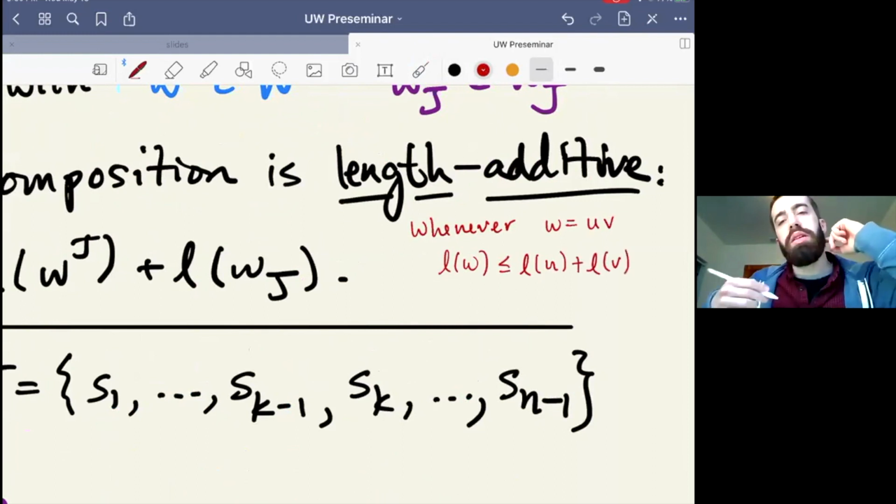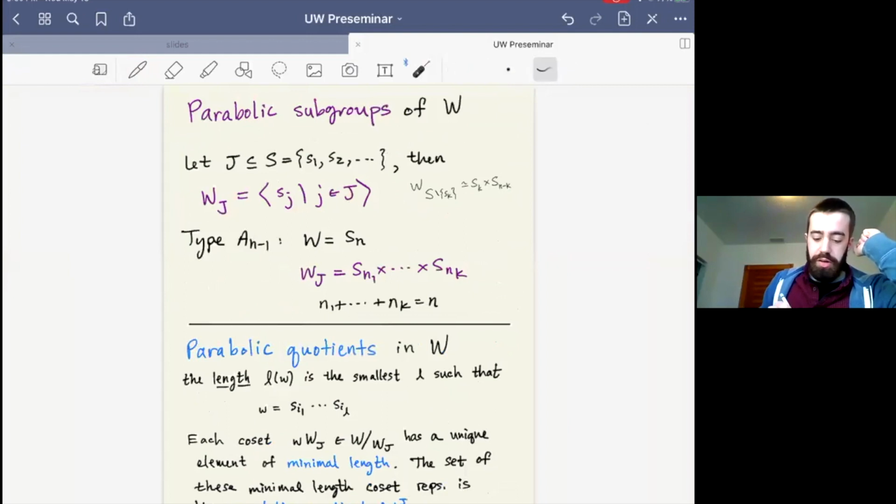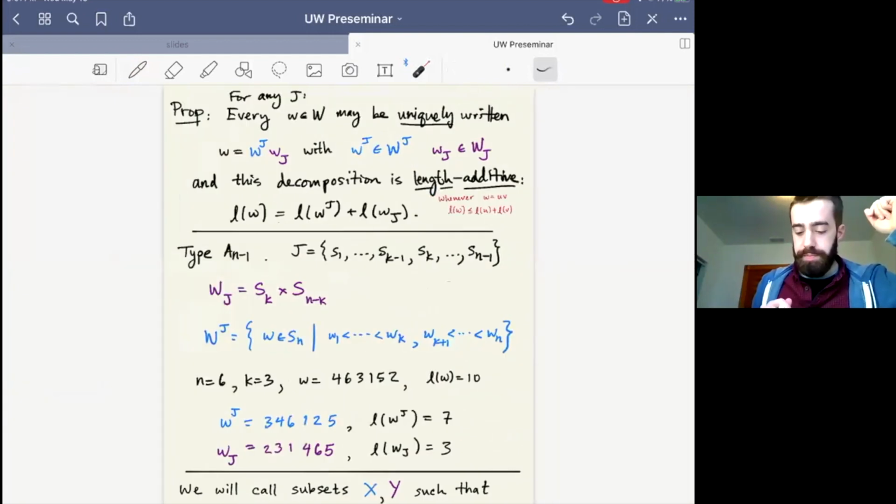That's because these expressions of minimal possible length in the simple generators are called reduced expressions or reduced words.